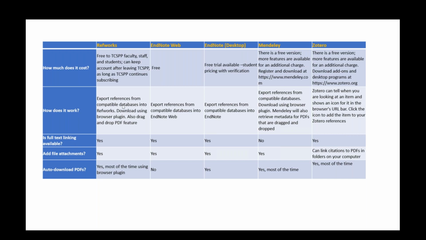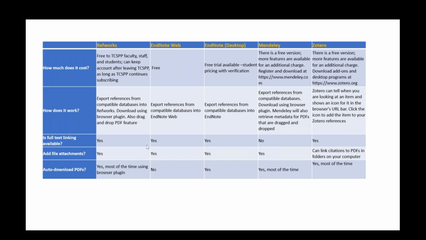I think RefWorks also has a browser plugin where you can drag and drop PDFs. Some of the other free tools, like Zotero, don't necessarily have a document storage tool available. If you wanted to store entire articles, there are other ways to do that. All of them do have full text linking available, except for, I think, Mendeley, at least last I checked.